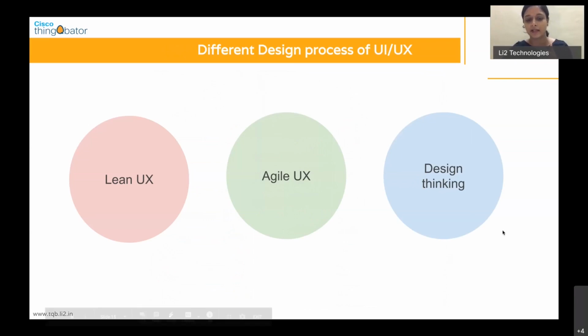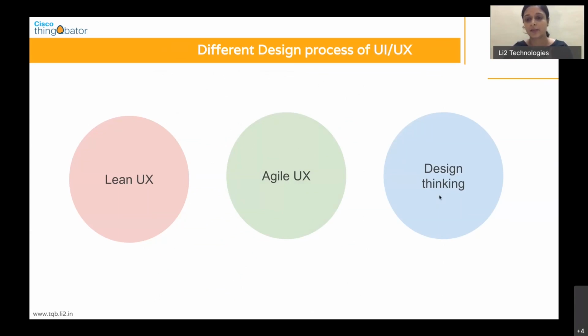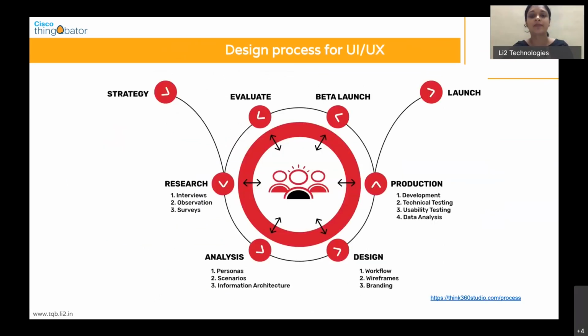Design thinking is the most popular way of creating designs for product development now. This is one of the design processes a studio follows, and most of them follow something like this, based off the design thinking method.